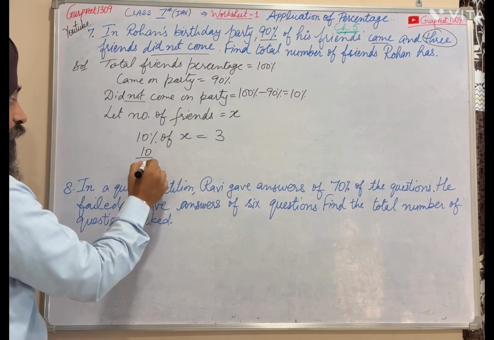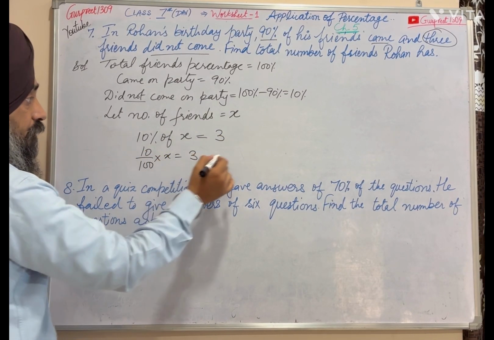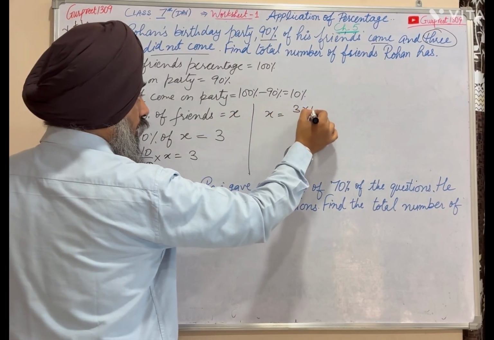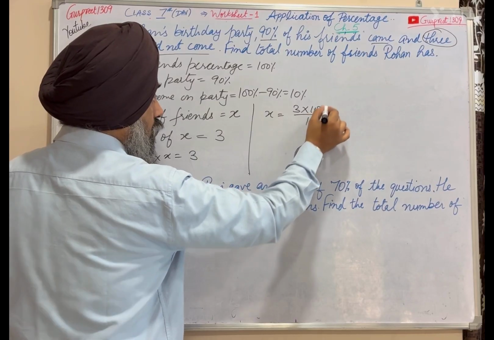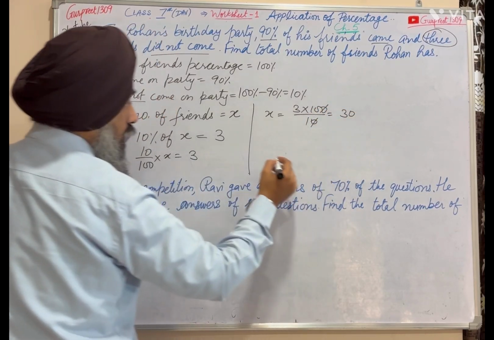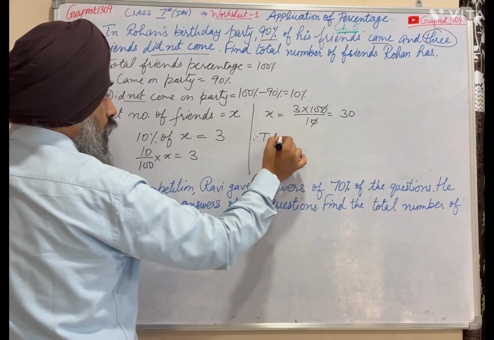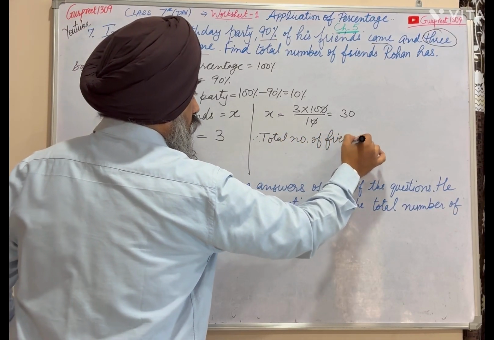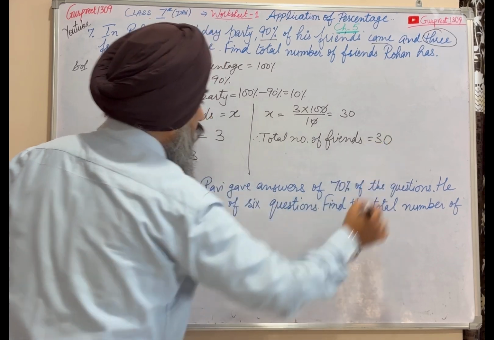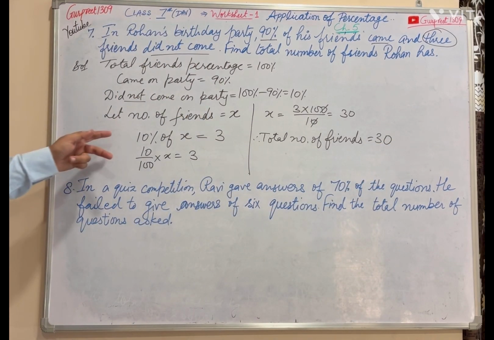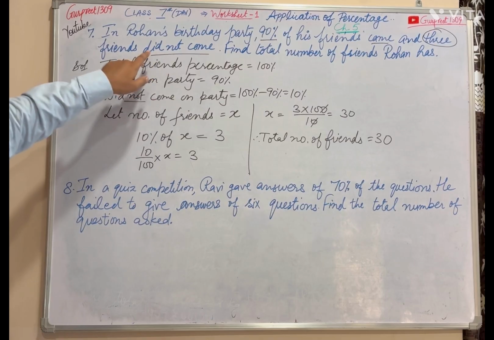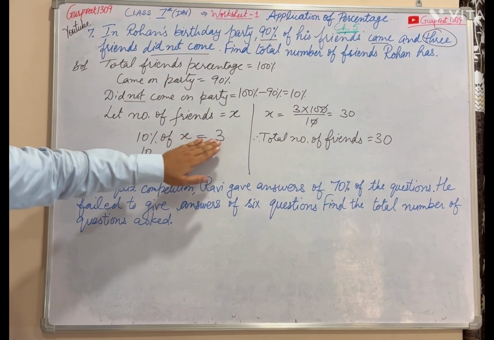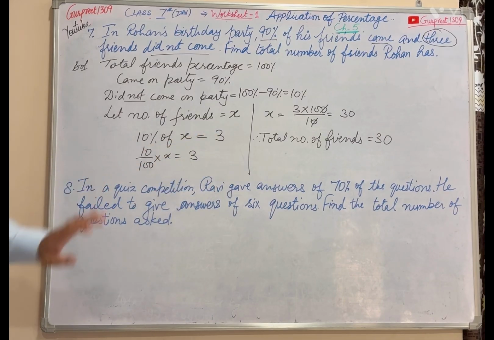Here we apply the percentage method of solving again: 100 goes upward, 3 multiplied by 100 upon 10, cancel, so 30. Therefore, the total number of friends is 30. We took the case where didn't come is equal to 3, 10% of the total friends didn't come, that is equal to 3.